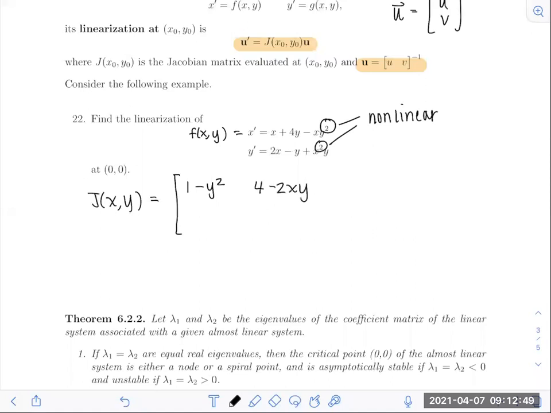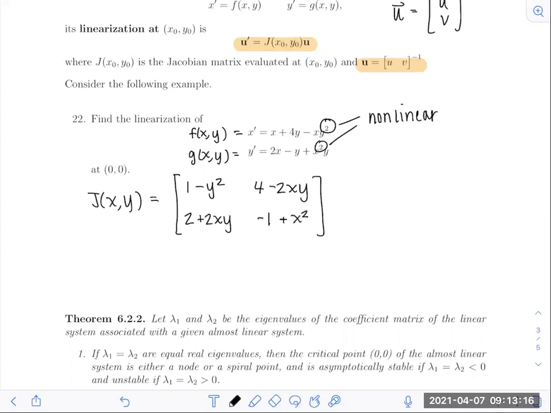And now across the bottom row, I want the partials of g, where g of x, y is given by that y prime equation. So the partial of g with respect to x is 2 minus 0 plus 2xy. And the partial with respect to y is negative 1 plus x squared. All right, so this is my Jacobian matrix that's associated to this nonlinear system.